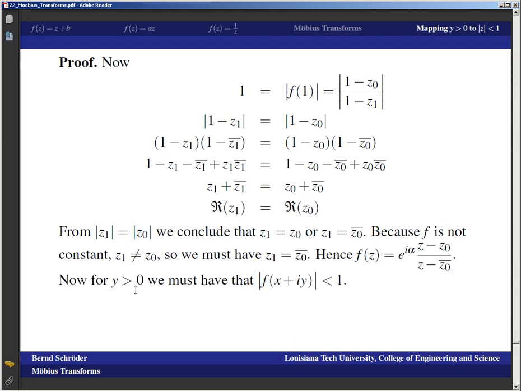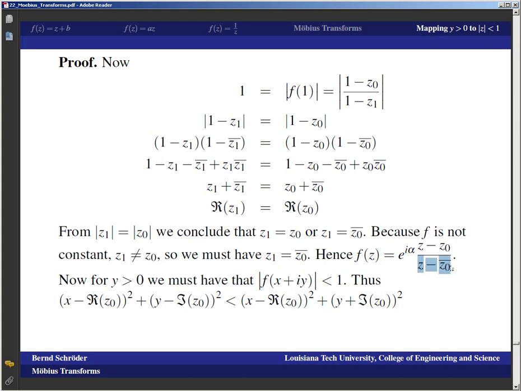And for y greater than 0, we must have that the image f(x + iy), for any x, has absolute value smaller than 1. And that means that (x - Re z0)^2 + (y - Im z0)^2, that's the square of the numerator, must be smaller than (x - Re z0)^2 + (y + Im z0)^2, which is the square of the absolute value of the denominator.